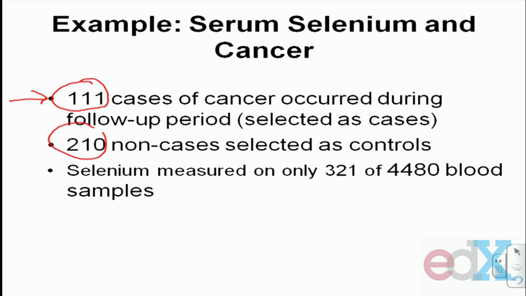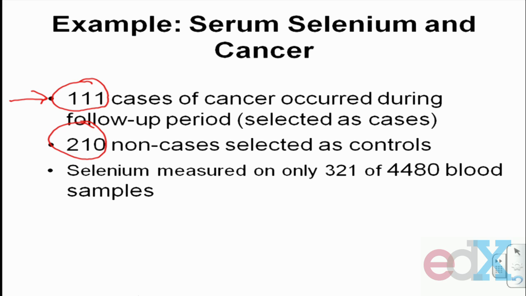Now, do you take everybody out? If you do, you are essentially recreating the closed cohort that gave rise to those 111 people. Or do you become efficient? Do you just select some of the remaining blood specimens to be the controls for your case control study? And that's what Dr. Willett did. He enrolled 210 non-cases into his study as controls. He took 210 of the other frozen blood specimens.